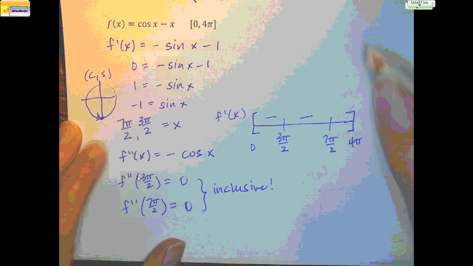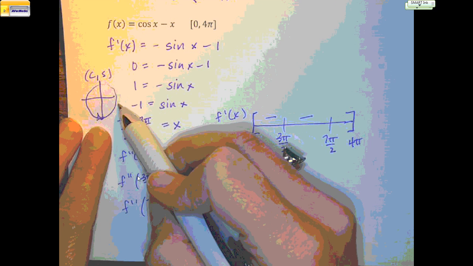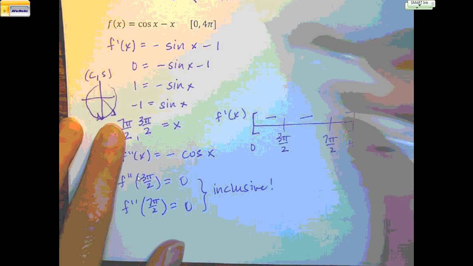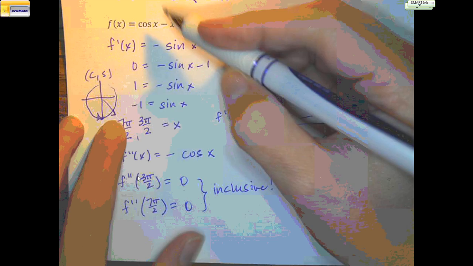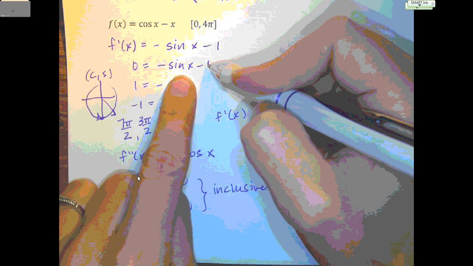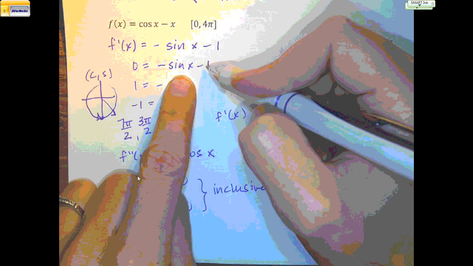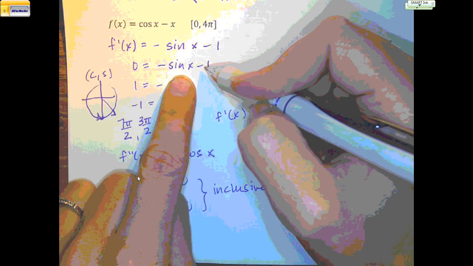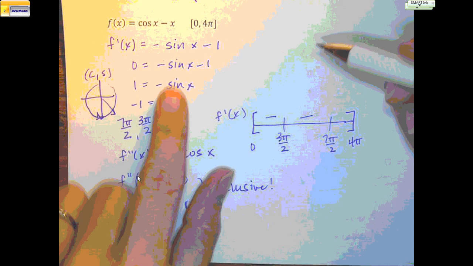Isn't 7 pi over 2 down here? And 4 pi is right there? So don't we need something here? Is sine positive or negative in that fourth quadrant? Negative. So I have the opposite of a negative, minus 1. Does it matter what it is? Yes. Probably matters, so you can't just plug it in. So let's do, I don't know, negative 45 degrees.